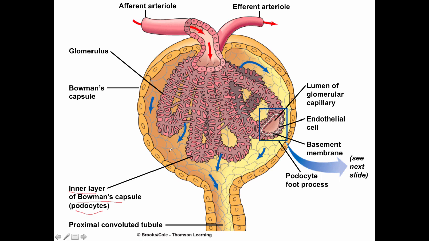Now, the glomerular membrane, which includes the capillary wall, the basement membrane, and the inner layer of Bowman's capsule, these 3 layers are designed to prevent plasma proteins and cells from getting out of the glomerular capillaries.